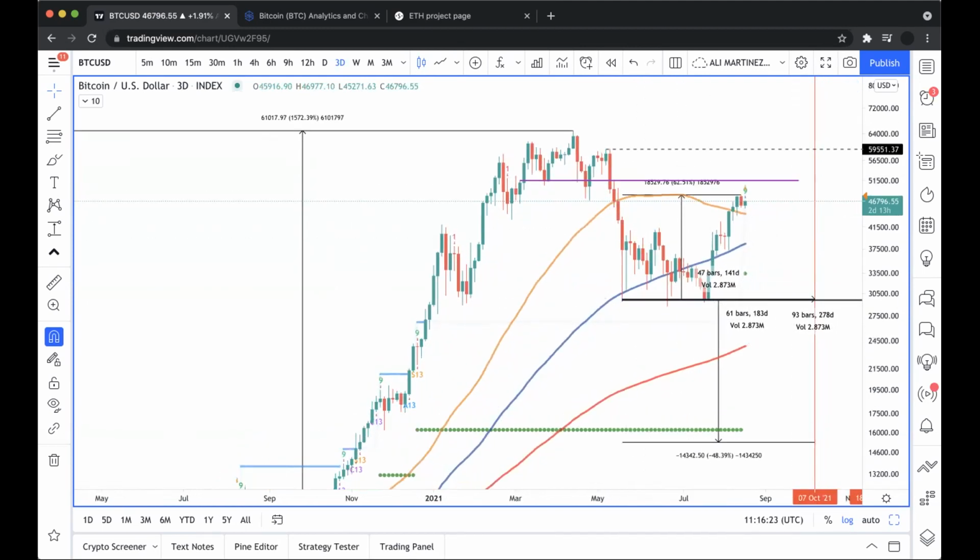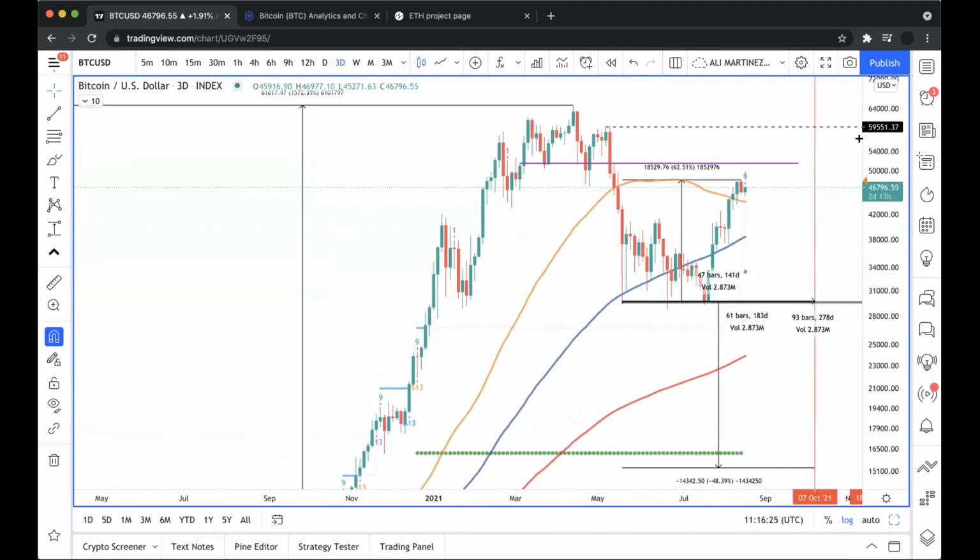Based on the average of the last 3 bull cycles, after a touch of the 103-day moving average, I was expecting a 62% upswing, which is crazy, but it came exactly to that, right? Which is basically the average of the last 3 rebounds every time Bitcoin comes down and touches the 103-day moving average, right?